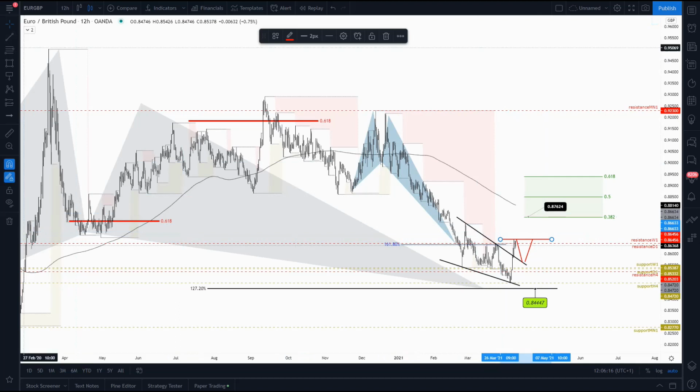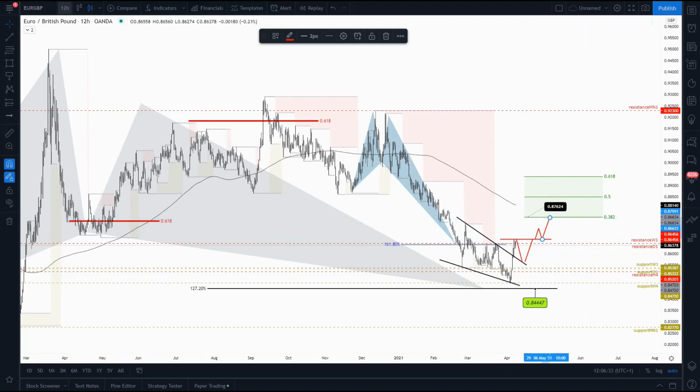So we can see eventually the market trading above previous structure highs, back to previous structure resistance and turning into a support, which may trigger a trade towards the 38% Fibonacci retracement level.